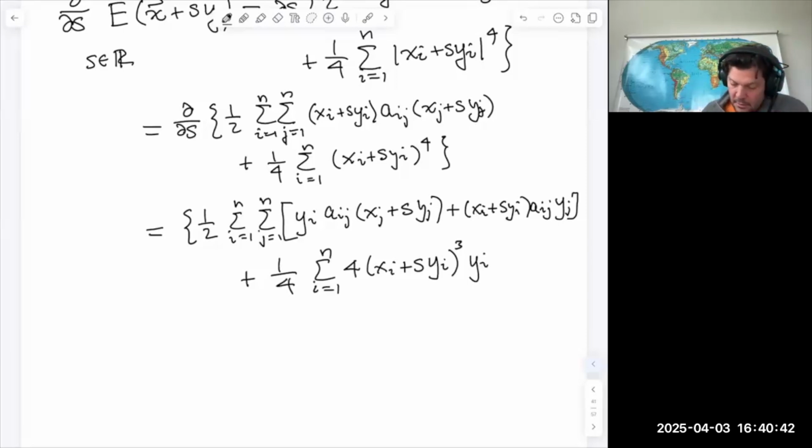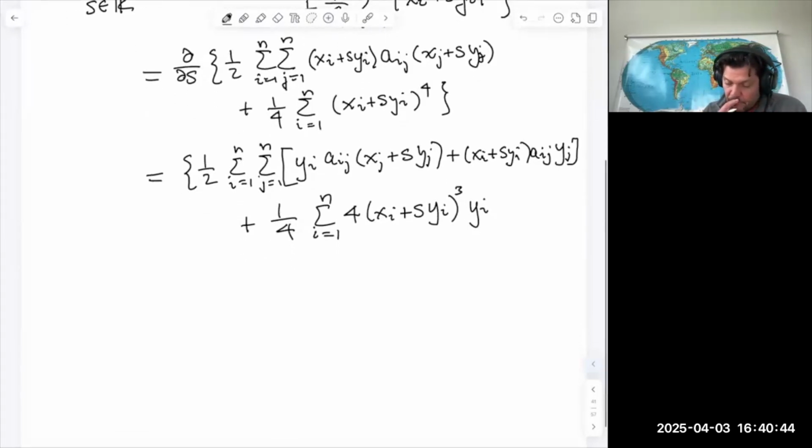Okay, so now, first of all, can we simplify this a little bit? Now we've assumed that this is symmetric, so I can interchange the i's and j's, right? If I do that, then we see pretty clearly that these two sums are exactly the same thing.